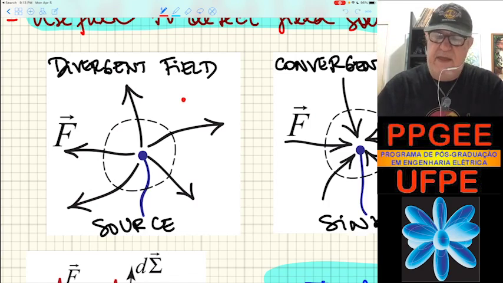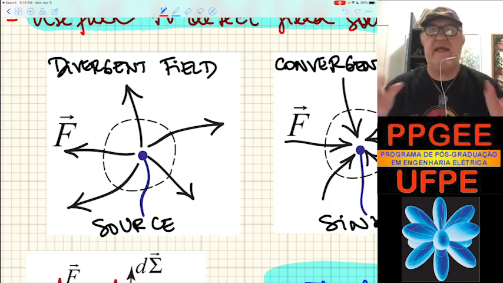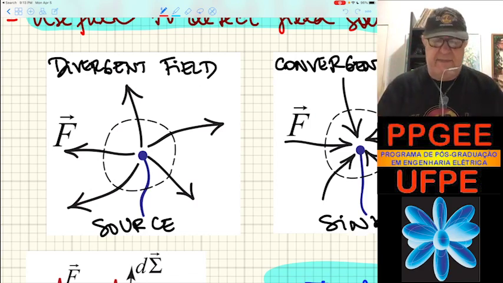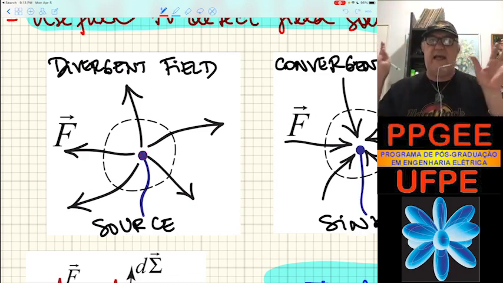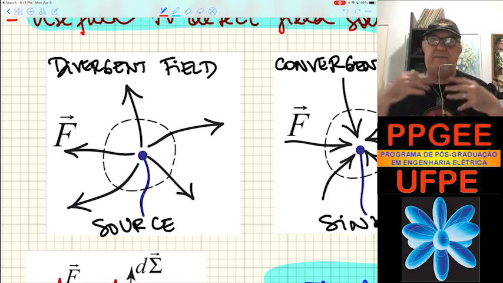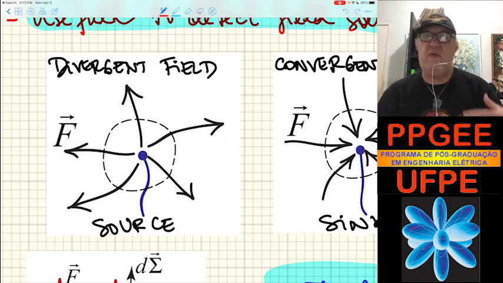We can picture these situations as having field lines, and the field lines appear to be coming out from a single point, like this one here. So this type of field appears to be originating at a point in space.